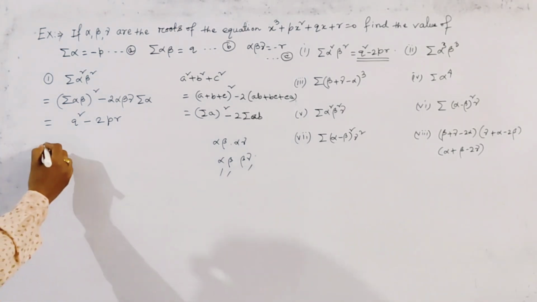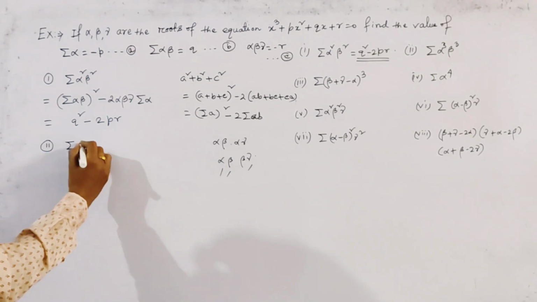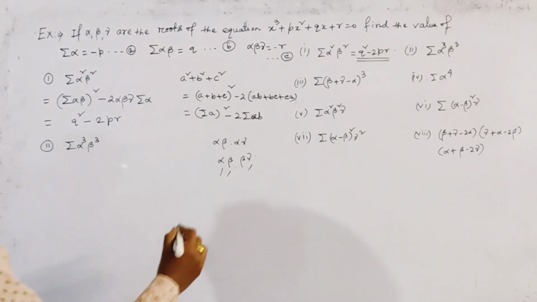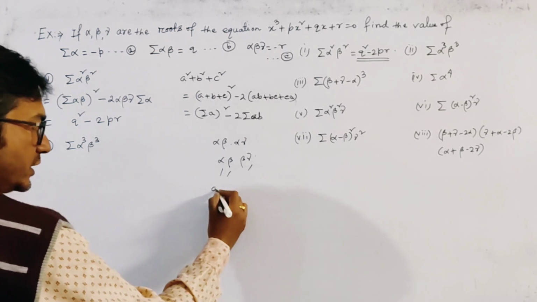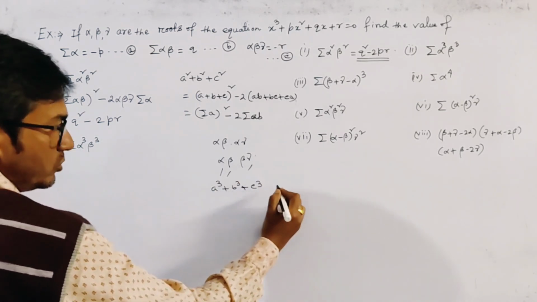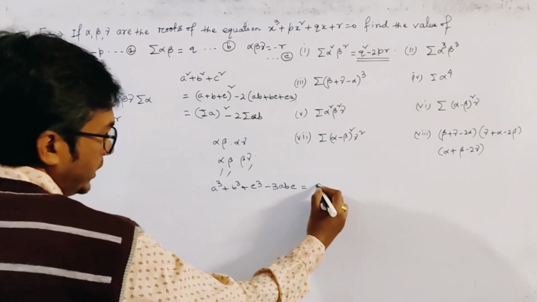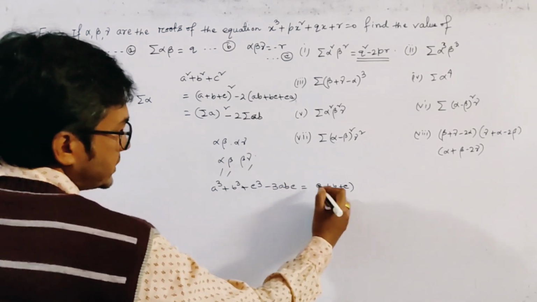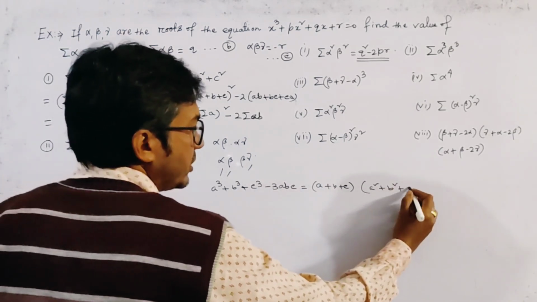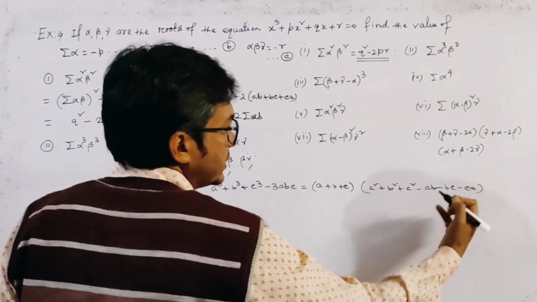Now go to the second answer. What is the second expression? This is summation alpha cube beta cube. We use the formula a cube plus b cube plus c cube minus 3abc, which is a plus b plus c into a square plus b square plus c square minus ab minus bc minus ca.